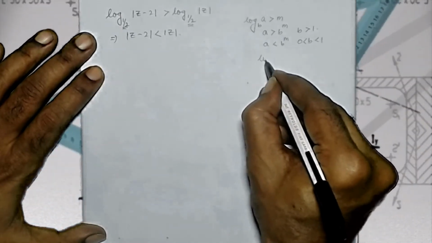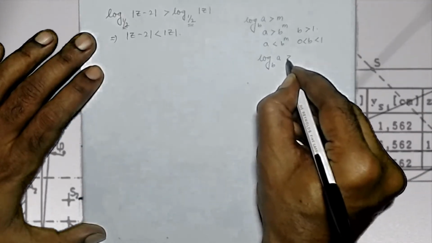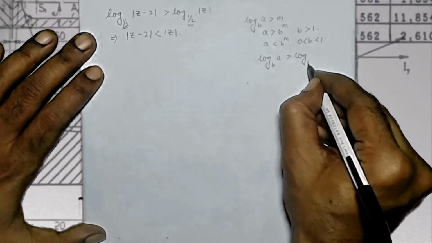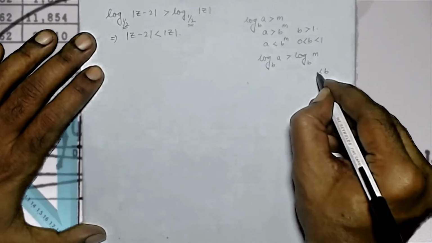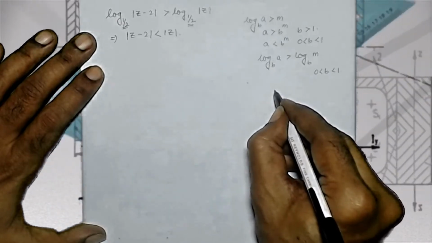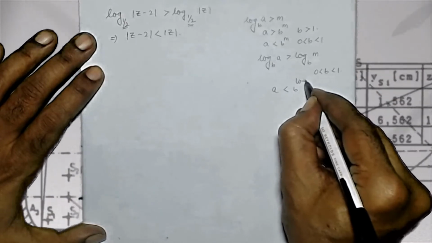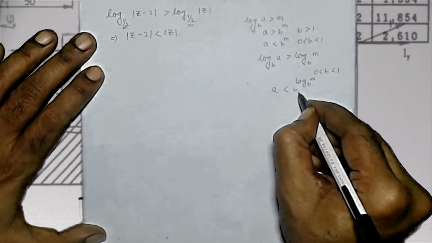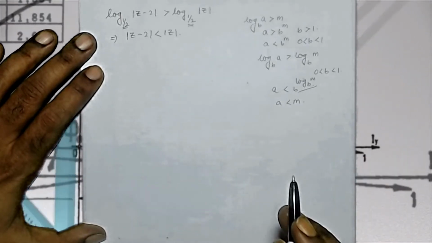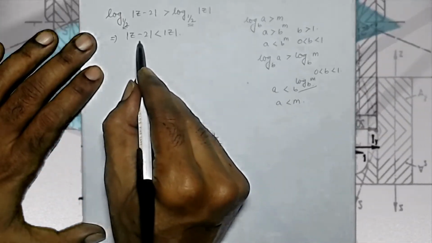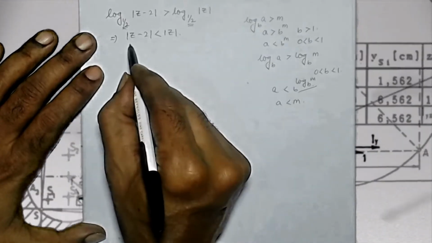So if B is lying between 0 and 1, A can be written as less than B to the power log M base B, which is the same as A is less than M. Have you understood it? So in this case also, mod of Z minus 2 will be less than mod of Z. Okay. Now what does this represent?